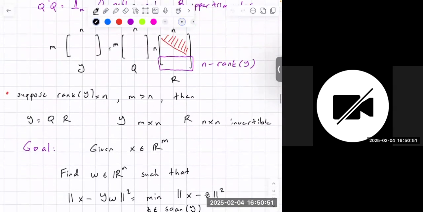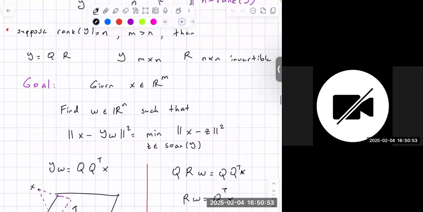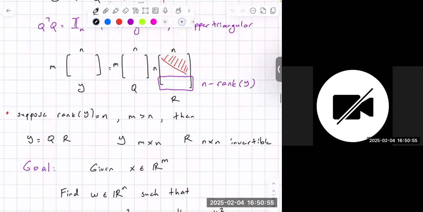Okay, now suppose we are actually in the case where the data is not lying to us, in the sense that there are N columns here, they actually span something N-dimensional. If there are 2 columns, they actually give you a plane, not a line, right? And in that case, this R will be invertible.